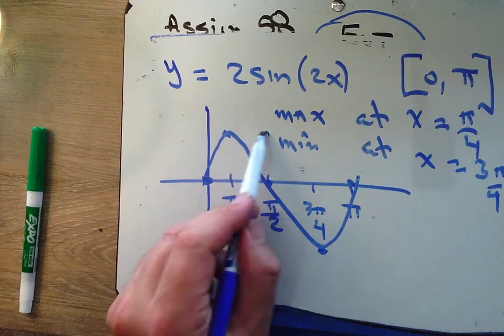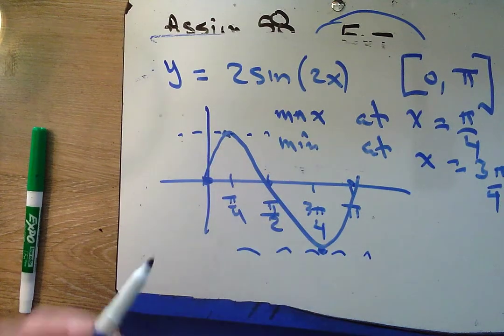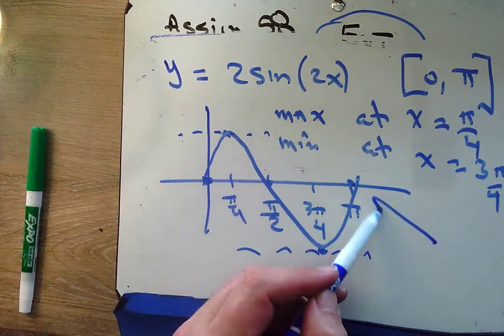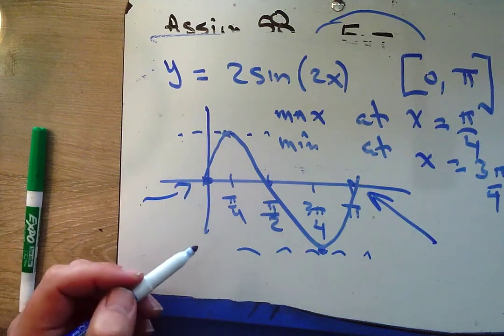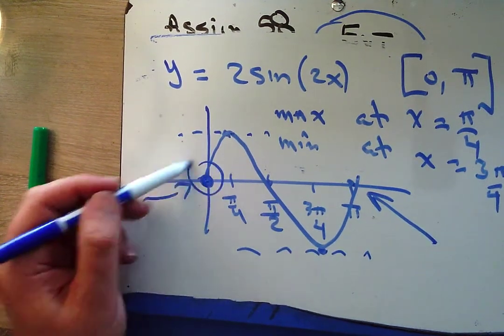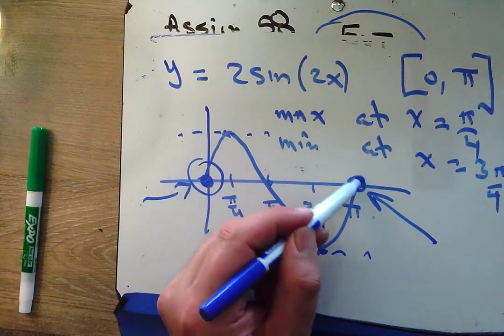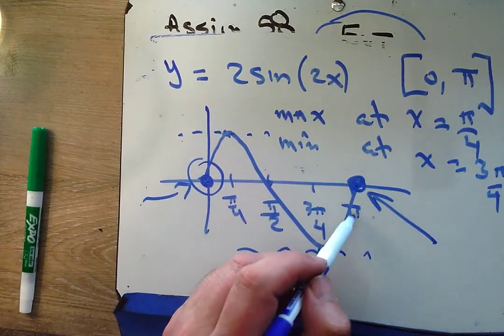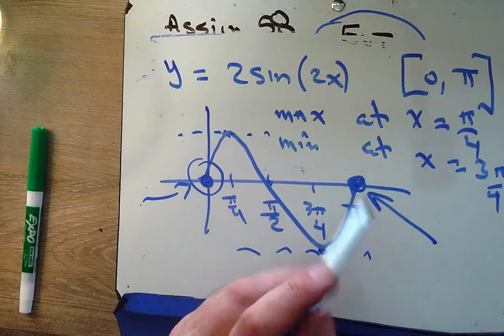Because even though I talked about the places where f prime was equal to 0, what about the endpoints? This is a minimum. It's the lowest point in its neighborhood, whereas x equals pi turns out to be the location of a maximum.